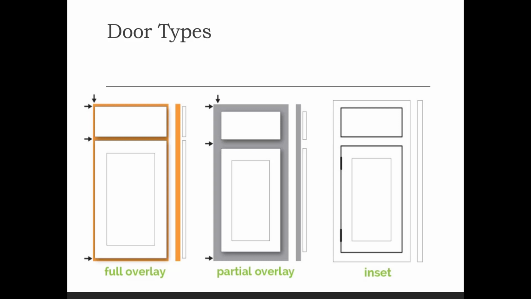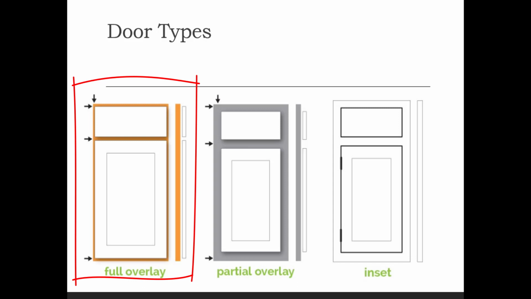In addition to cabinet sizes and types, the doors can also have different types and different styles. The 3 main types of doors are full overlay, partial overlay, and inset. Full overlay are doors that sit on the face of a cabinet and cover most of the cabinet's face. They usually need hardware to open the cabinet doors or drawers, as fingers usually can't get in between the doors and drawers.